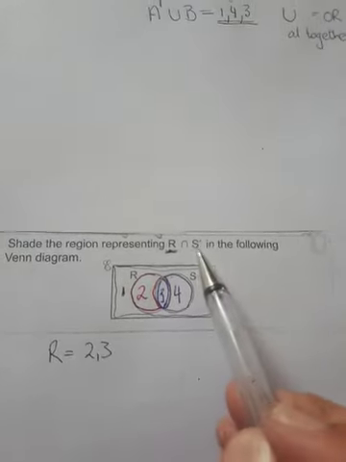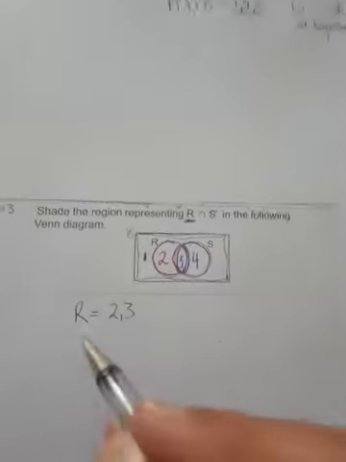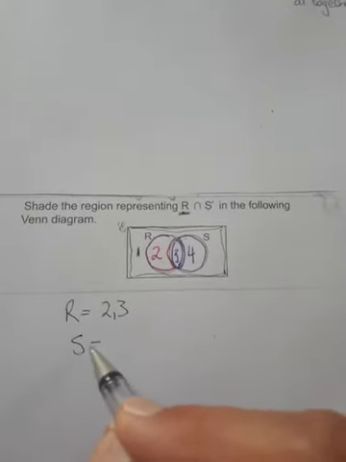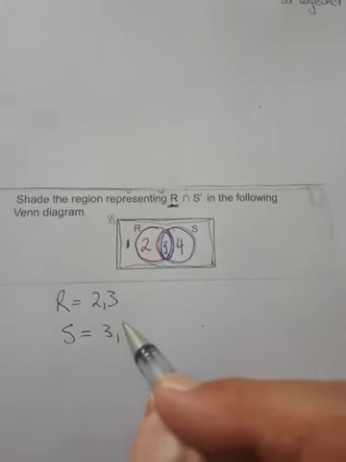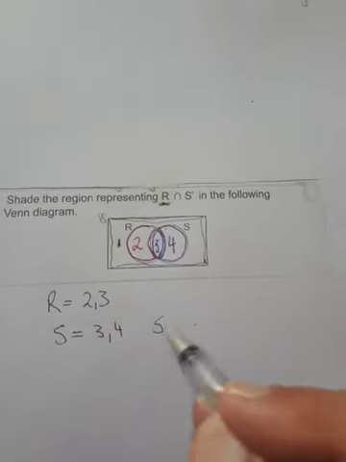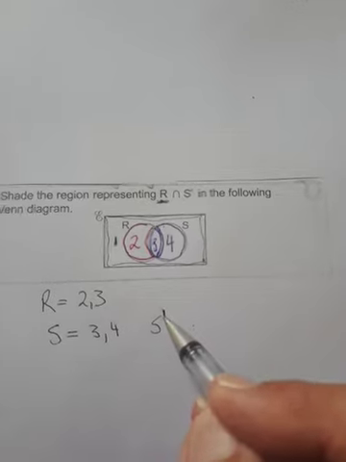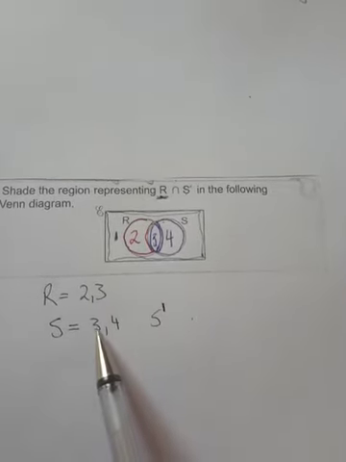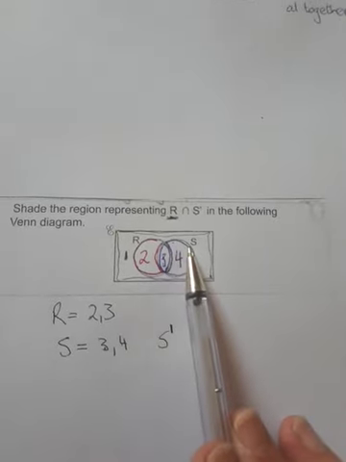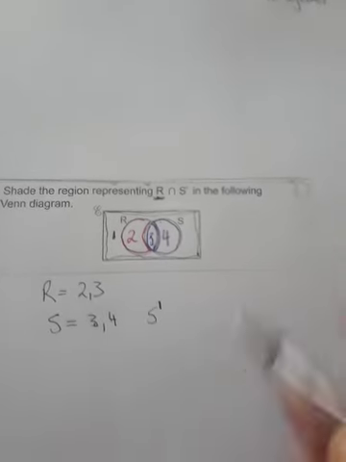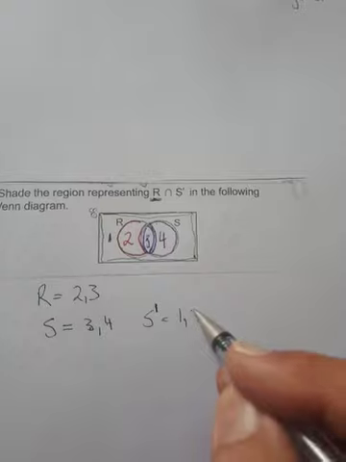Then they're asking S complement. I always like to first write out S. S is 3 and 4. And therefore, S complement is everything that is not 3 and 4. So if it is not 3 and 4, then it must be 1 and 2.